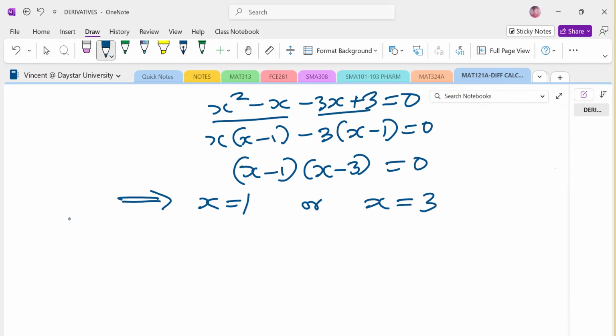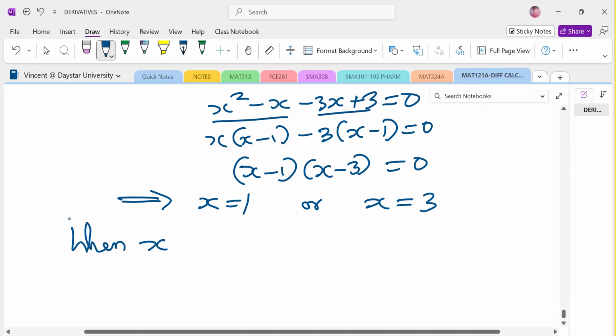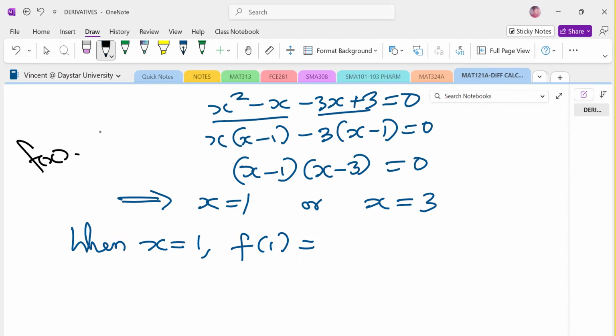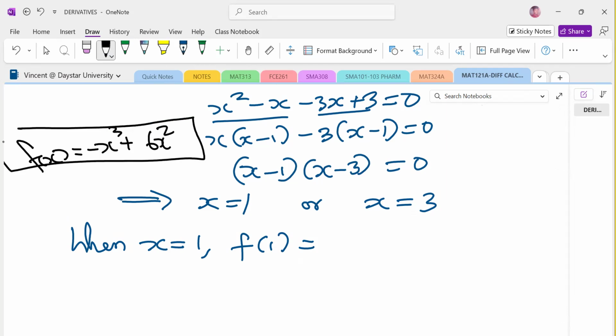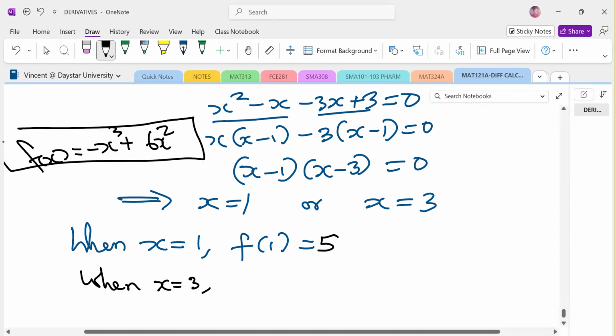So when x equals 1, f of 1 will be, remember the f of x in this question is minus x cubed plus 6x squared, 5. And then when x equals 3, what is f of 3? Then 27, correct.